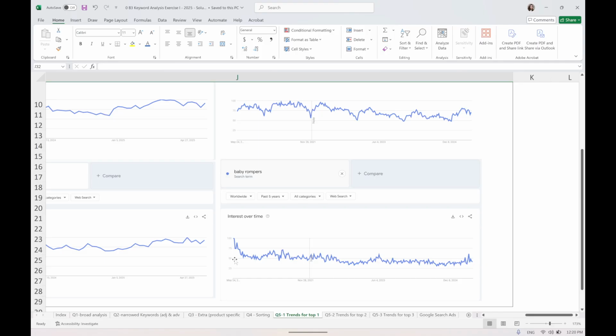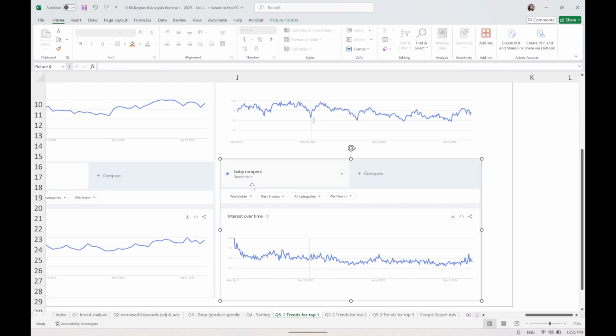It was a little bit higher than 50 five years ago, then around 50 for a while, and now it is getting a little bit below 50 for baby dresses. That's quite interesting, for baby rompers.